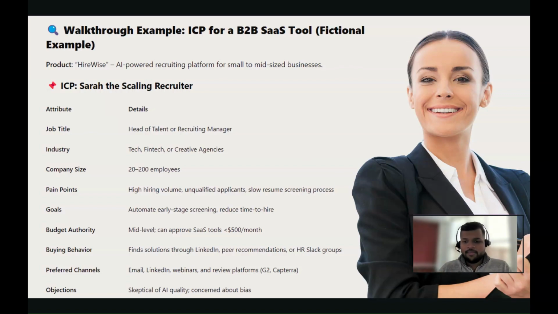Buying behavior. Buying behavior talks about how people buy, simply put. So are they spending their time on LinkedIn and buying solutions from LinkedIn, or are they getting their new solutions through YouTube?